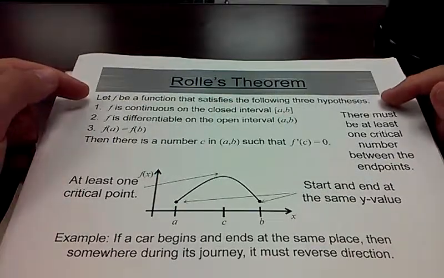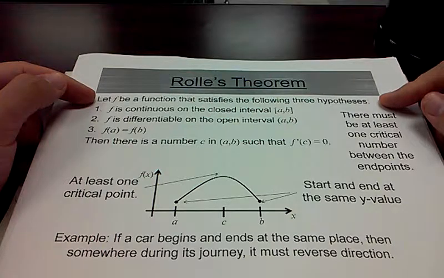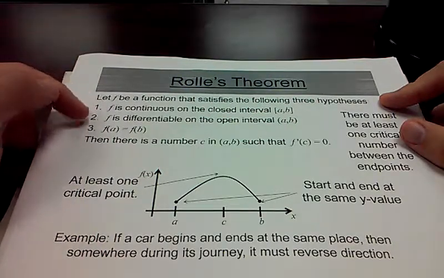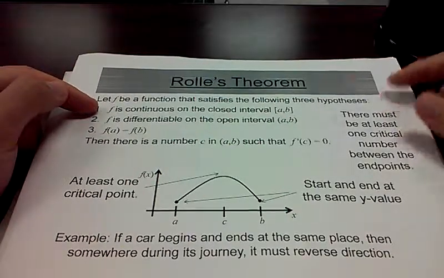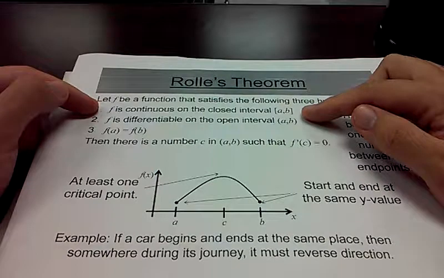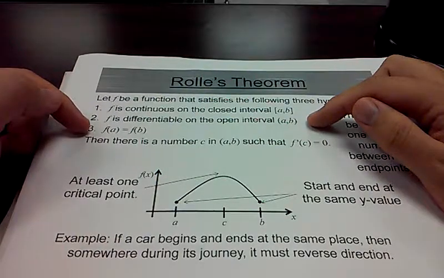Basically, what Rolle's theorem says is that if you have a function that satisfies the following three statements, you got to show that all three statements are true. One, that the function is continuous on the closed interval [a, b]; two, that the function is differentiable on the open interval (a, b); and three, that f(a) is equal to f(b).